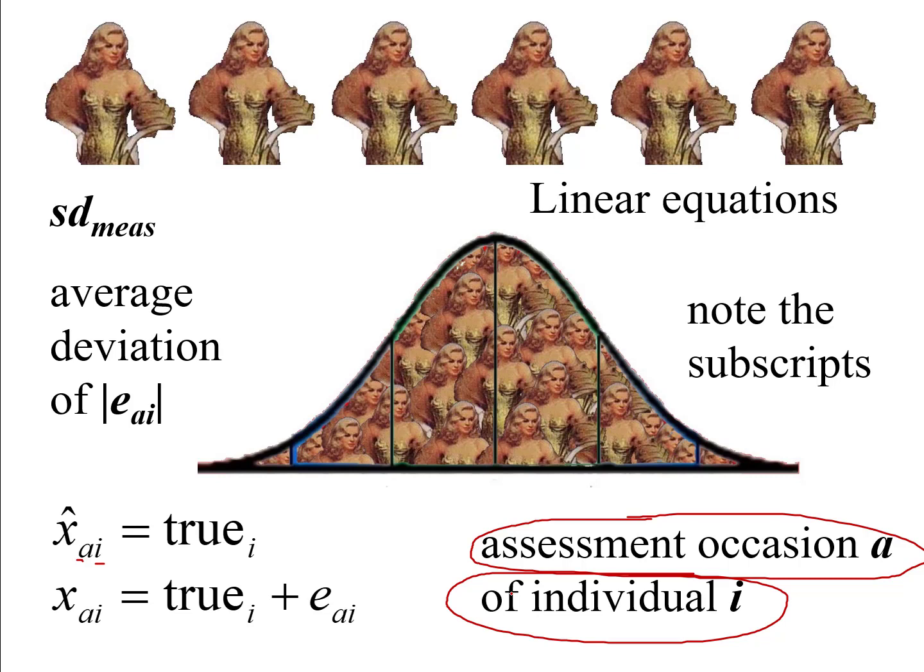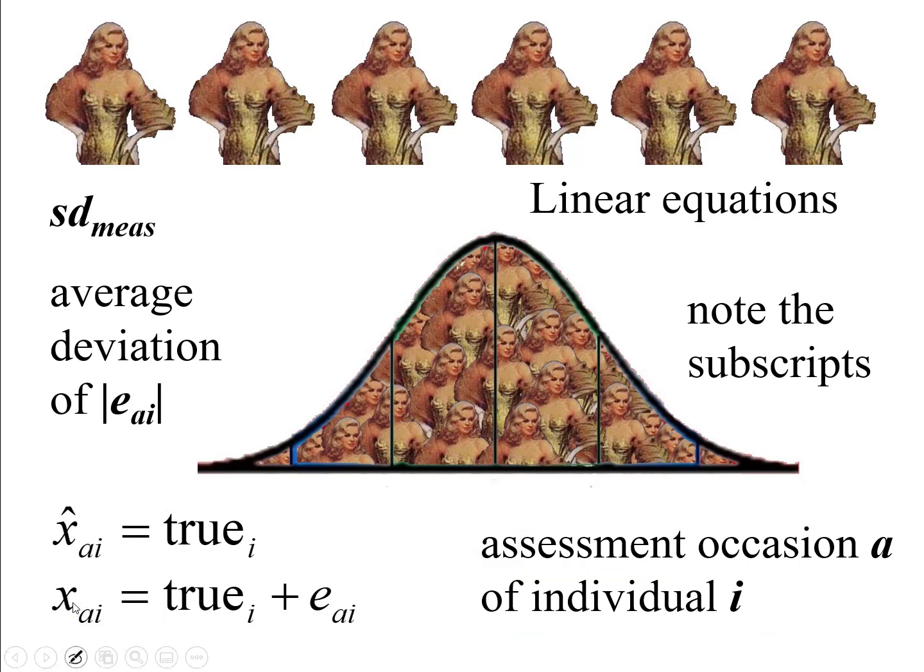So we're no longer looking at cases nested within a sample or individuals nested within a sample. Now we're looking at different assessment occasions nested within a single individual. So I'm going to say the predicted score on variable x for assessment occasion A of individual I, that is x hat subscript AI, is equal to the true score for individual I. In other words, I have the same person over and over again at the top here, so I'll circle just one of these.